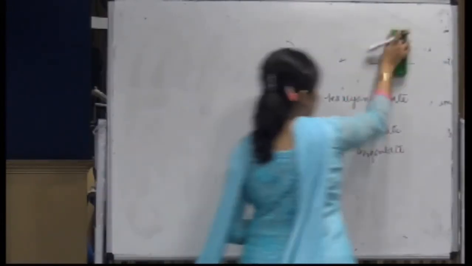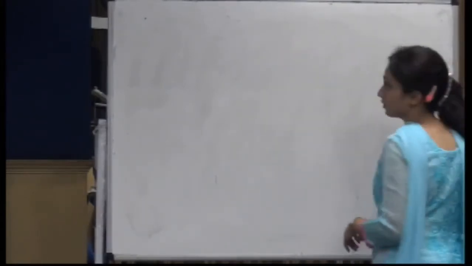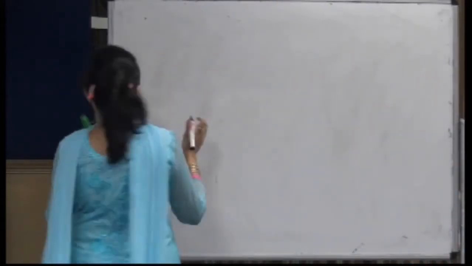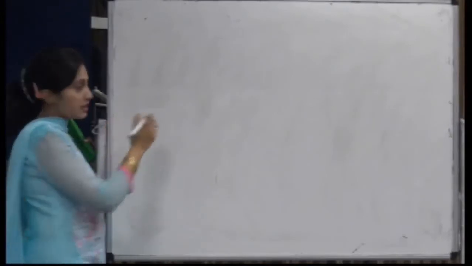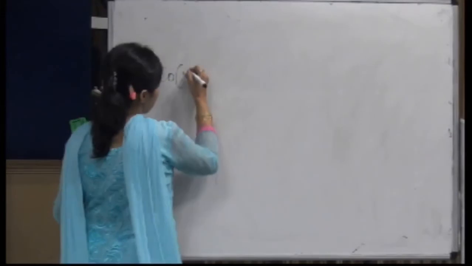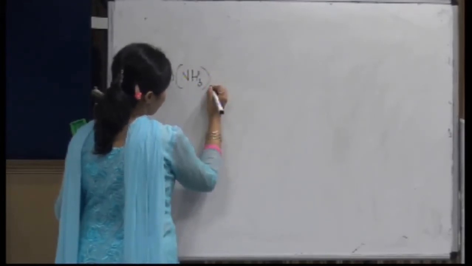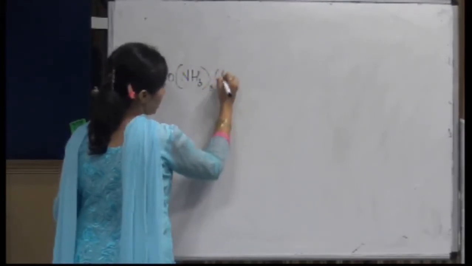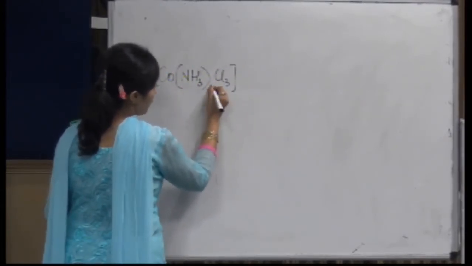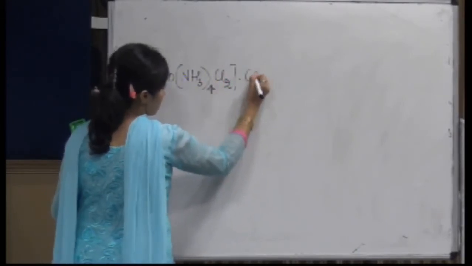So let me just try and give you some examples on my own before I proceed, and then we'll do some questions for say about whatever is possible. Here, say if I look onto the board first, say if I talk about this Werner's compounds with which he worked, CoNH3 3Cl3, NH3 4, Cl2, Cl.